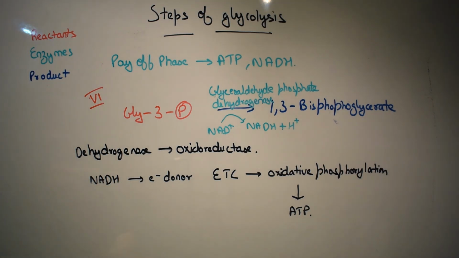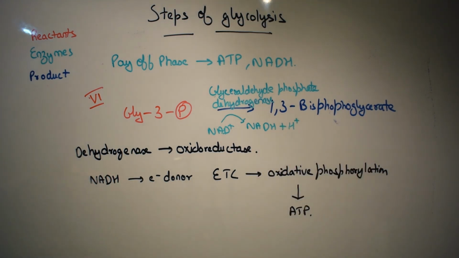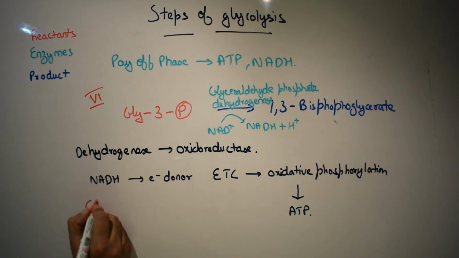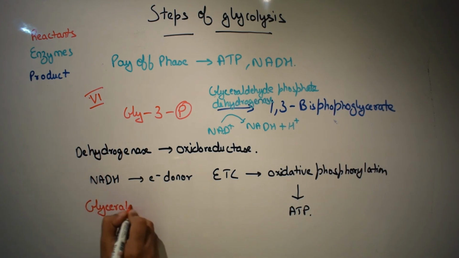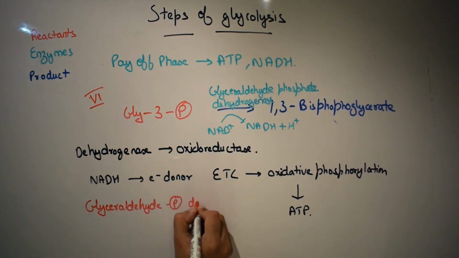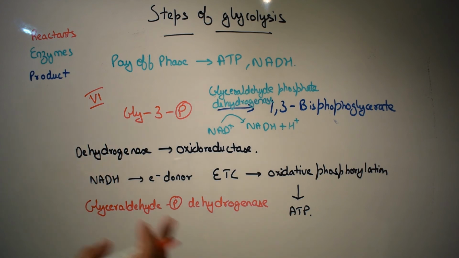And you might notice that we have also added a phosphate group. So here terminal phosphate groups are added at the first and the third carbon. So what it does is that the glyceraldehyde phosphate dehydrogenase acts as a dehydrogenase, but it also acts as a phosphorylase.